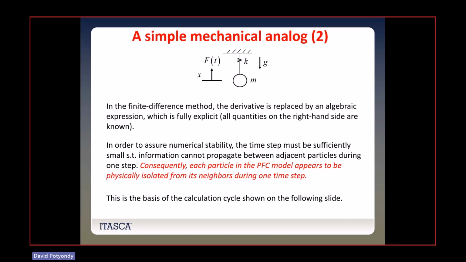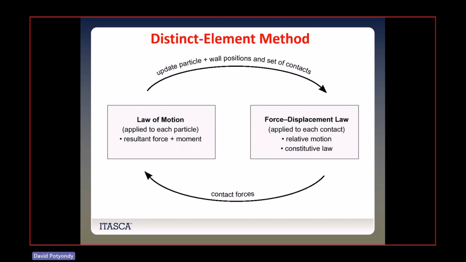But in order for it to feel the effect, it has to go step, step, step, step, step. If it wasn't that way, I would form an enormous stiffness matrix that related all the stiffnesses and the springs in the whole system, and then I could invert that matrix and solve it in one step. That would be an implicit solution, but we're doing an explicit solution. So here's what happens during a single time step.